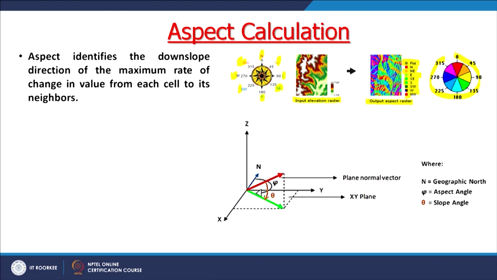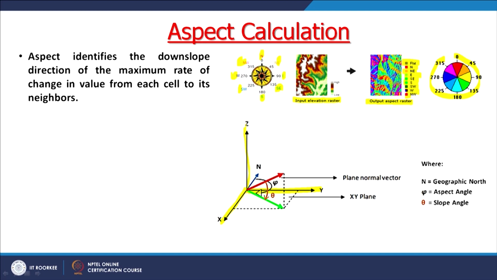Now when we think about the sloping surface for calculation of aspect, you have to think in a 3D concept. All three axes are shown here. This is the x axis, this is the y axis, and this is the z axis.